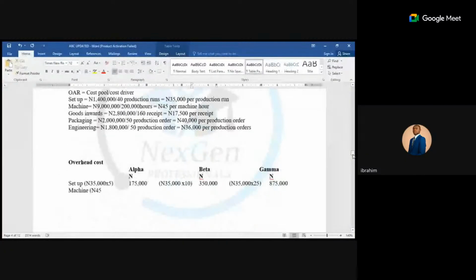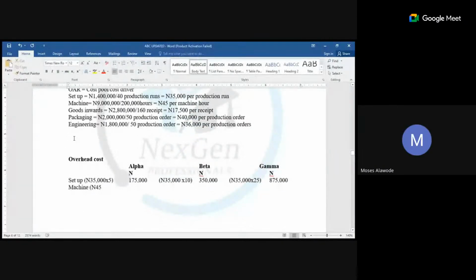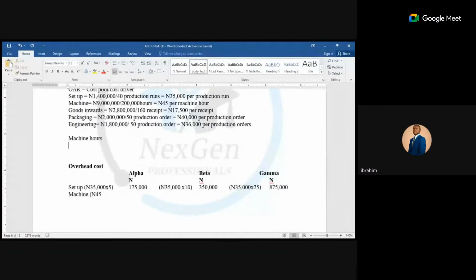So let's do the workings here. Let's calculate the machine hours. Alpha is 5 hours per unit times the number of units produced, 20,000 units.